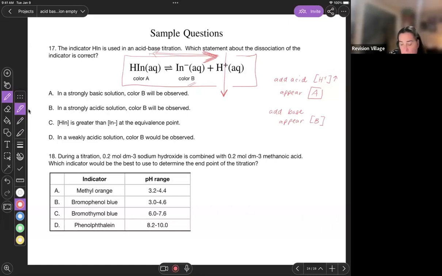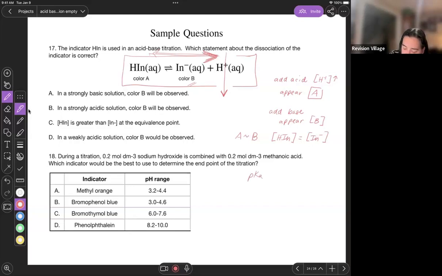Well, I could imagine then when it changes colors. It's going to change colors when the amount of A color is about equal to the amount of B color, or when the concentration of H indicator, the protonated indicator, is equal to the concentration of the deprotonated indicator. Well, we're back to Henderson-Hasselbalch.